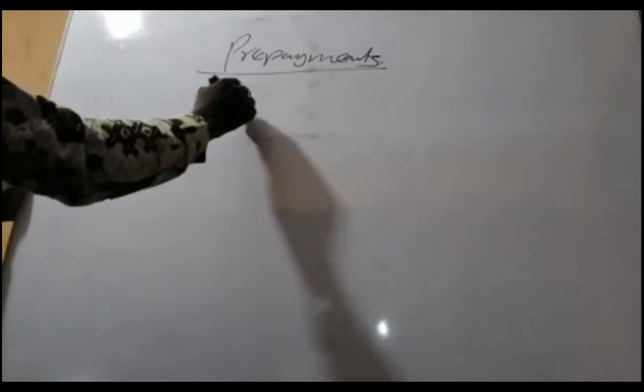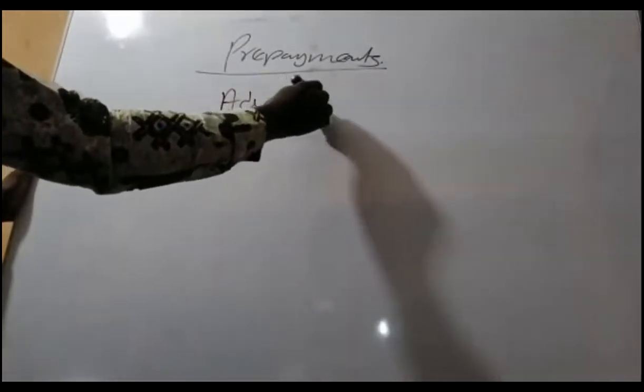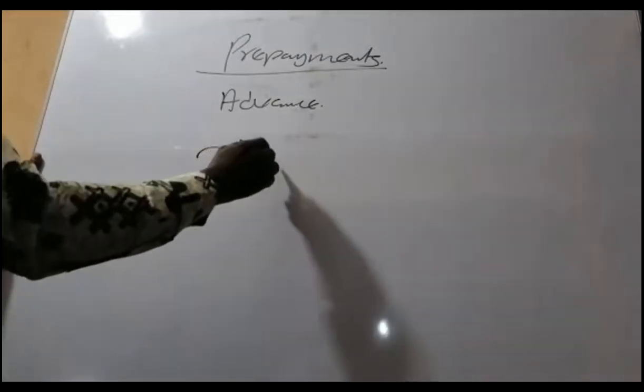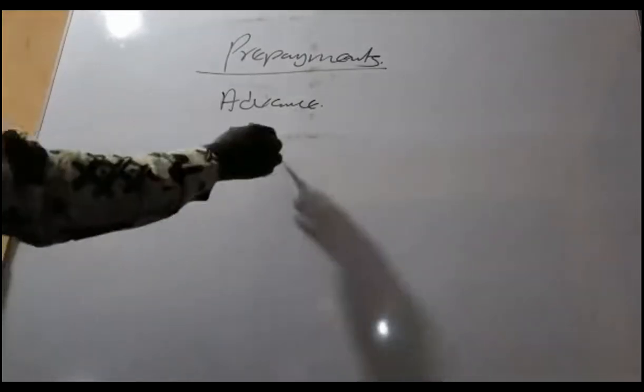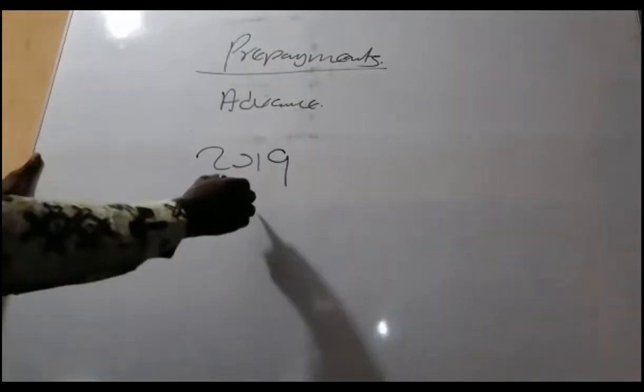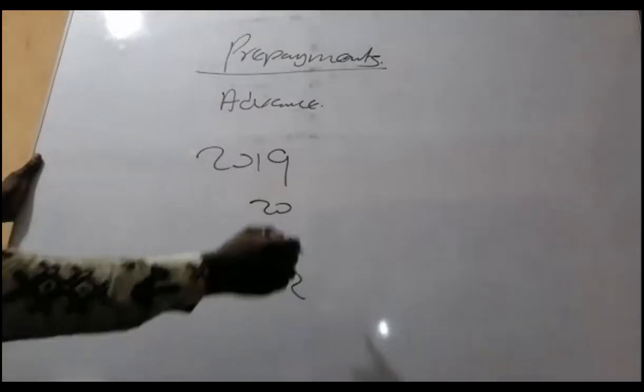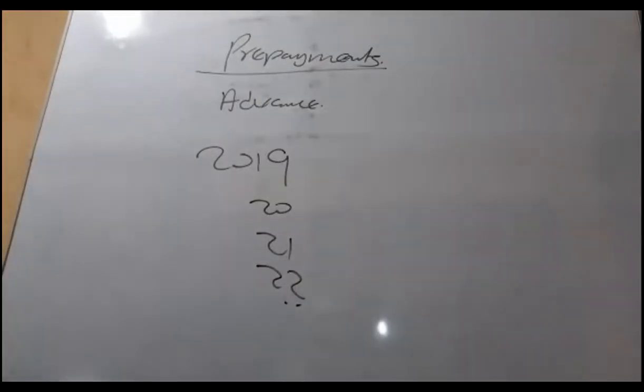You normally say paid in advance, paid ahead of time. If I prepare the financial statement for 2019, and you've already paid for 2020, 2021, 2022, and so on, that's a prepayment.